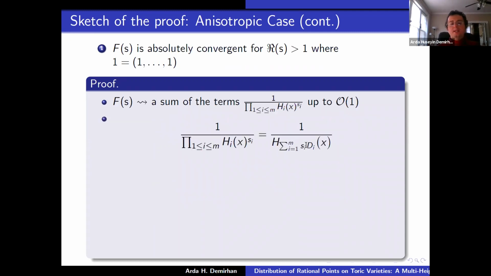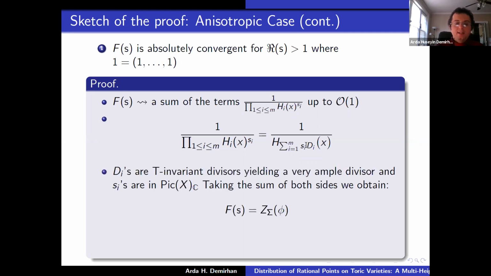But by Weil's height machine, we know that heights are multiplicative, so the reciprocal of the product of heights is equal to the reciprocal of the height with respect to the linear combination of s_i D_i. Here the D_i are T-invariant divisors providing a very ample divisor, and the s_i are in the complexified Picard group. Taking the sum, we obtain what we want. I mean, F(s) is equal to Z_sigma. Now, by the theorem of Batyrev and Tschinkel, we are done with that part.